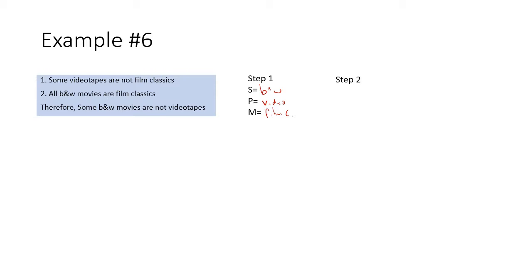Rewriting the argument, we've got: some P are not M, all S are M, therefore some S are not P.